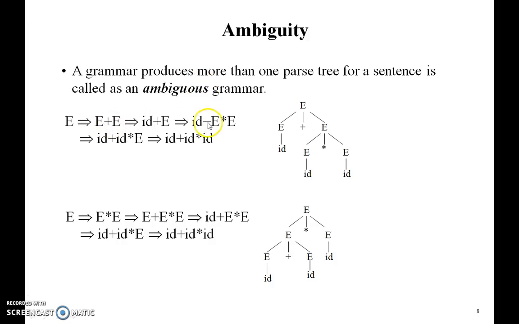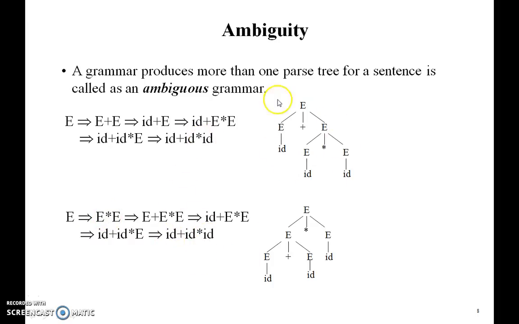If you look at this example, the same grammar is producing the same string but with different derivation procedures. Here we have applied these production rules, but here we have applied a different production rule, but anyway we are getting the same output.